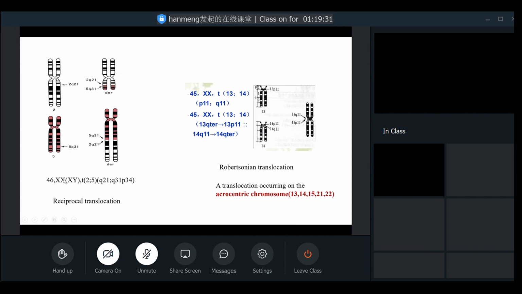So this can be described as 46,XX or XY, t(2;5), between two chromosomes.